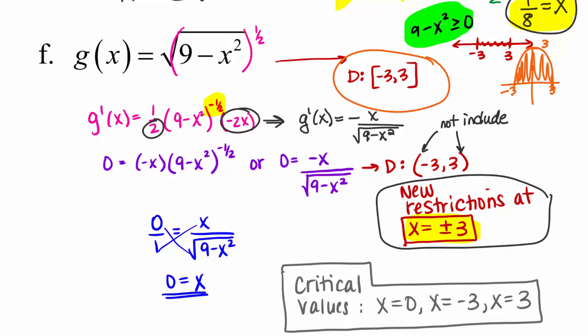They are not necessarily solutions to my first derivative equaling 0. They are just the second part of that definition of critical values. So then I set my derivative equal to 0, and I chose to go from the fraction with the radical, and I got x equals 0. And x equals 0 is within my domain, so I do have all three as critical values or critical numbers.